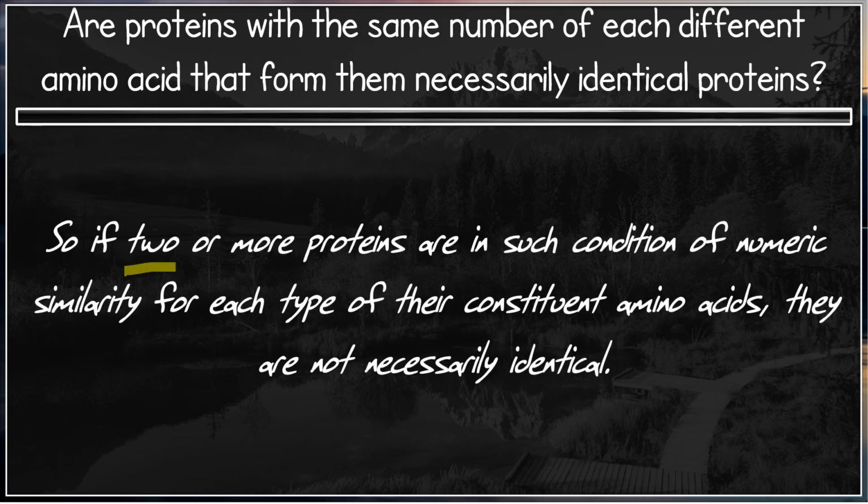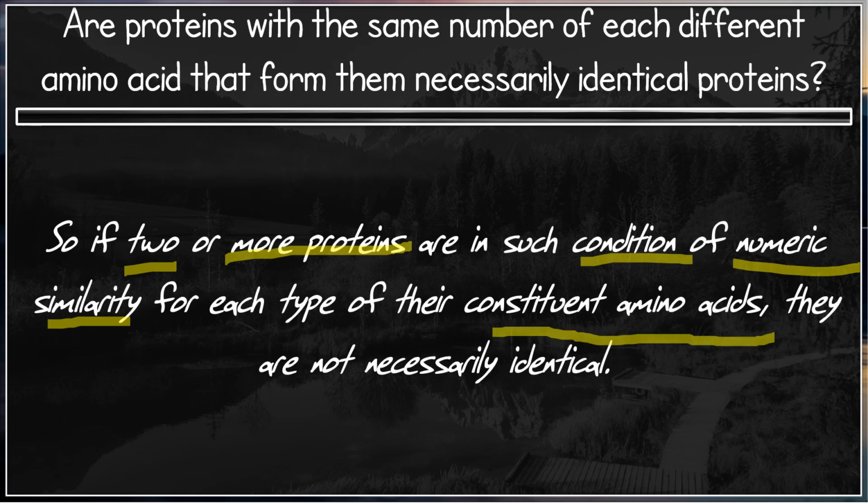So, if two or more proteins are in such condition of numeric similarity for each type of their constituent amino acid, they are not necessarily identical.